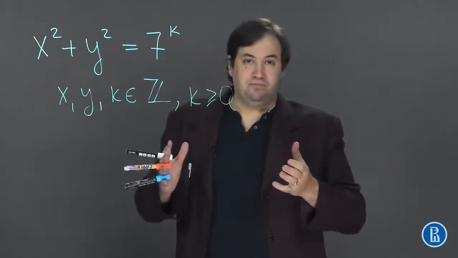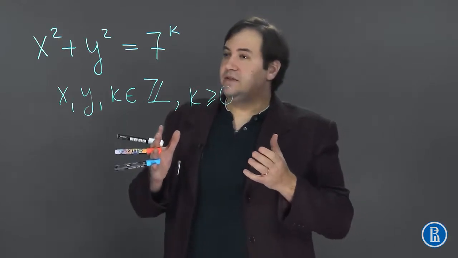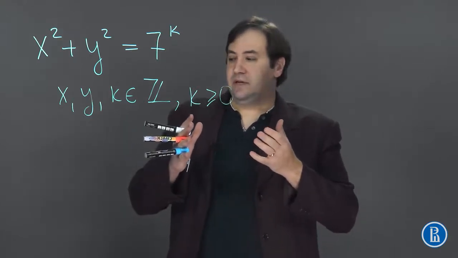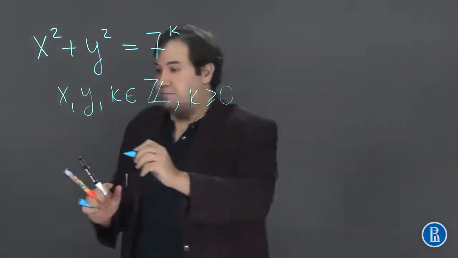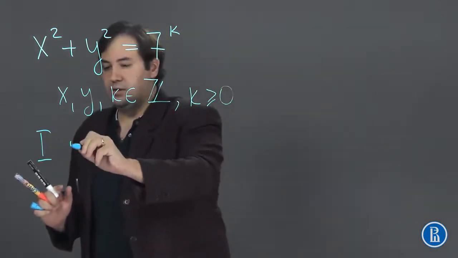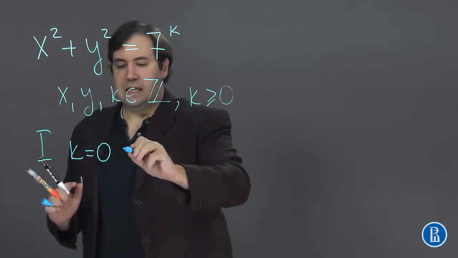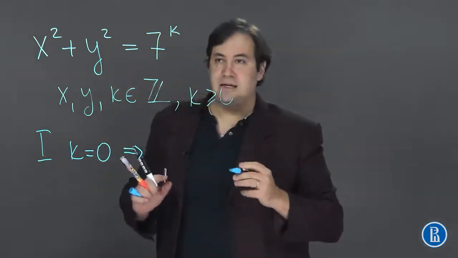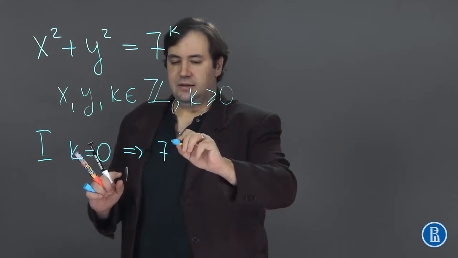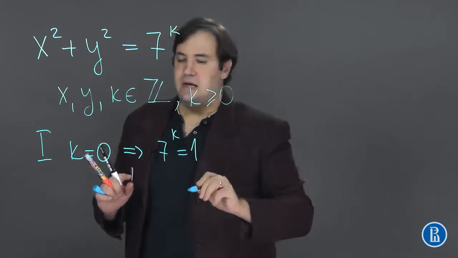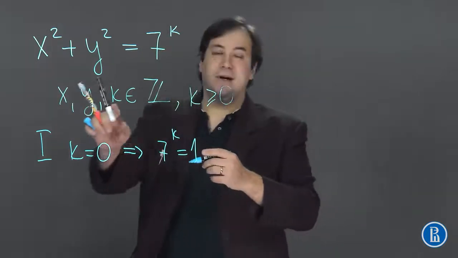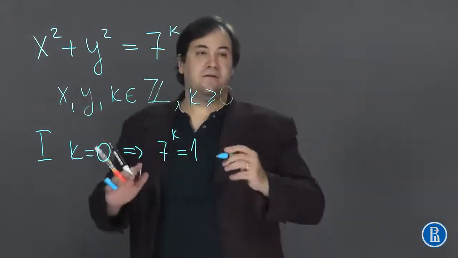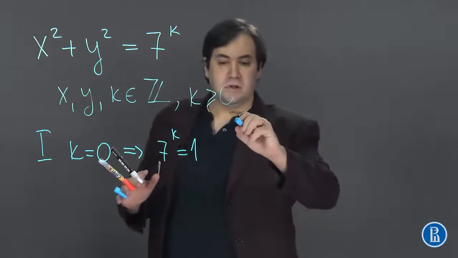Where do we start? Well, first of all, if k is equal to 0, the first case, then the right-hand side is equal to 1. So x squared plus y squared must be equal to 1. X and y are integers. So we have two possible solutions.